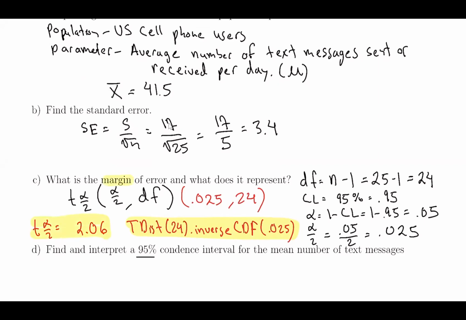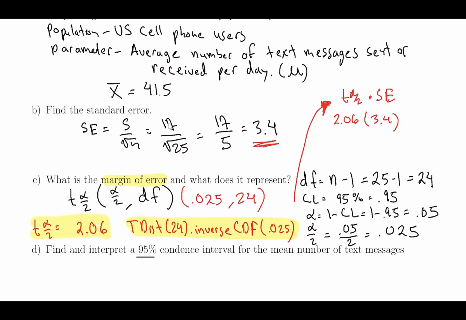But if you look at the question, they want the margin of error. I kind of ran out of space over here, so I'm going to do it over here. The margin of error is T alpha divided by 2 multiplied by standard error. So we get 2.06 and we multiply by standard error, which is 3.4.